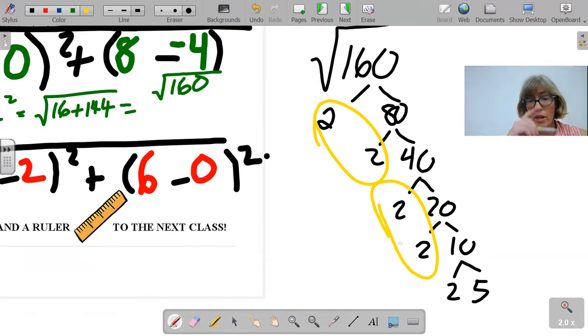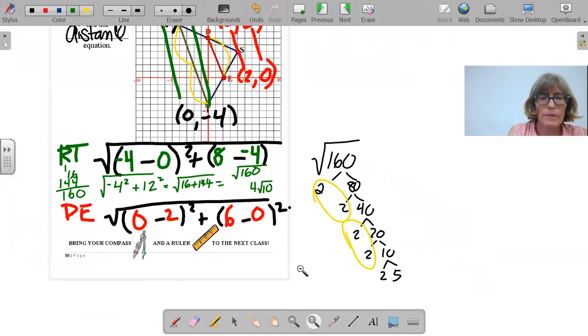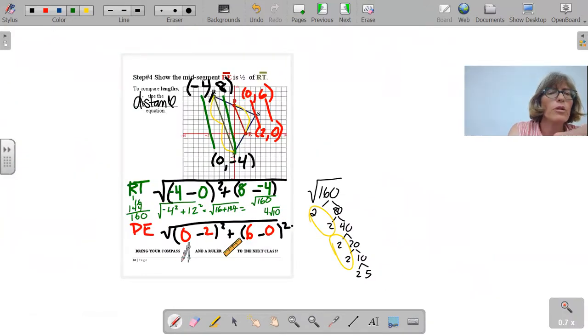So we have here on the outside 2 times 2, which is 4, and then root 10 on the inside. So this length here is going to be 4 root 10.